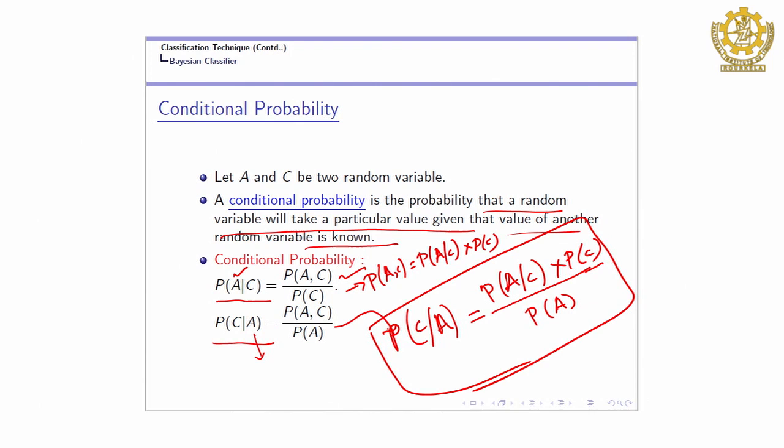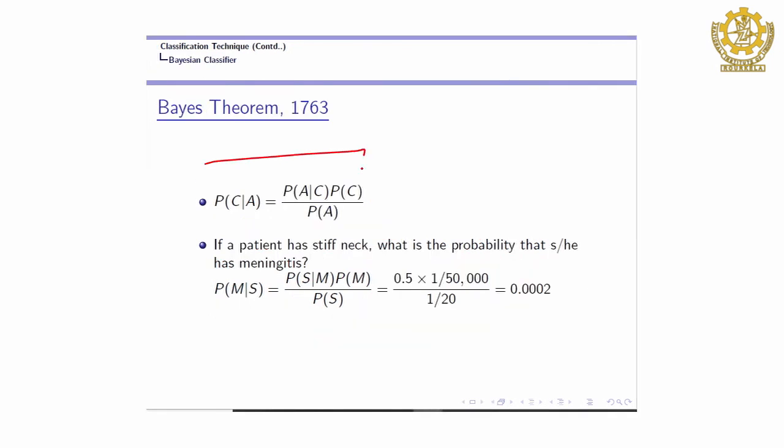How we will use the Bayes rule will come a little later. This is the Bayes rule we got from conditional probability, the probability of C when you know the value of A.